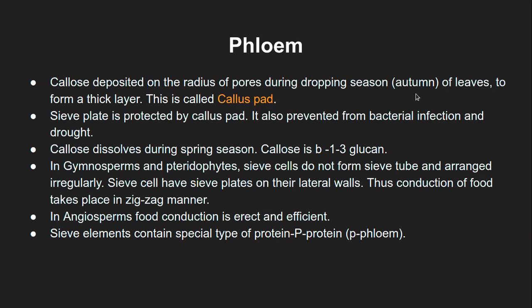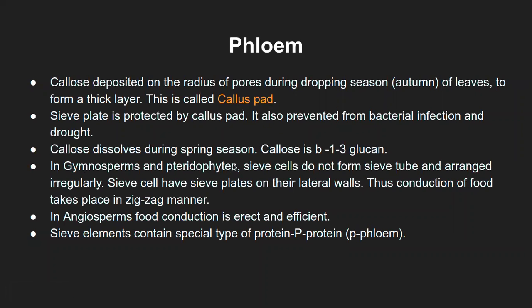And whenever the spring season is back after the autumn, the callose will dissolve and the regular movement of the water will start. So that is the general reason why the callose pad is present in those particular plants.